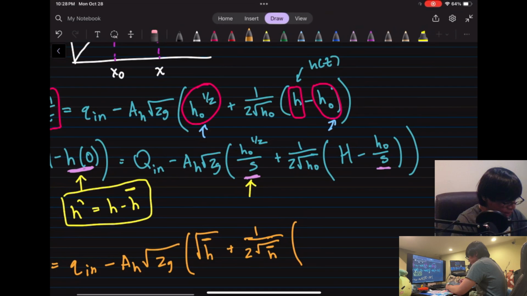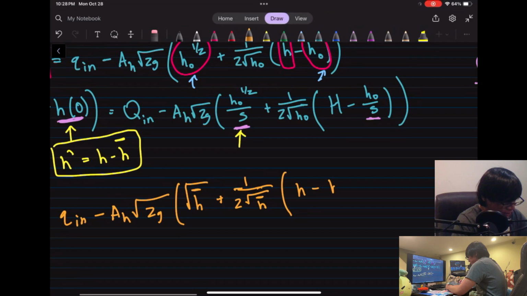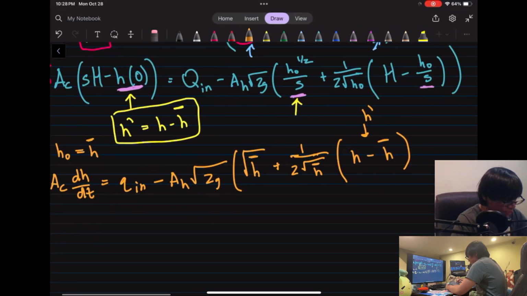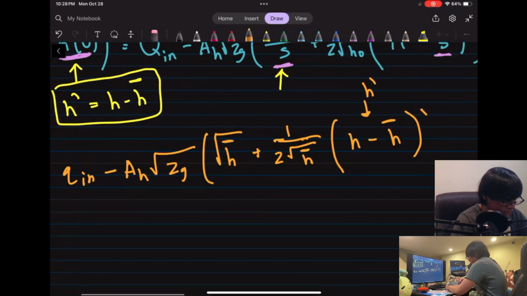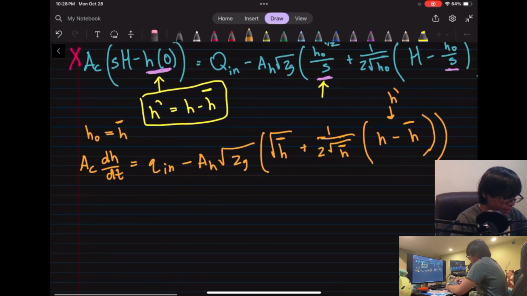So h is still h, but you'll notice that this h minus h bar is just h prime. I'll leave that for now, but you'll see why it becomes a recurring expression later on.